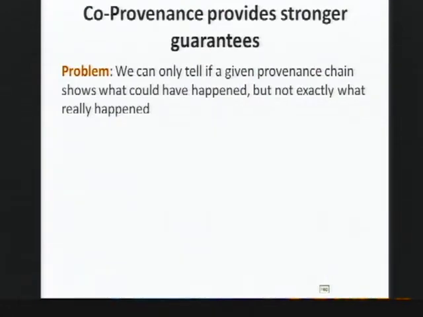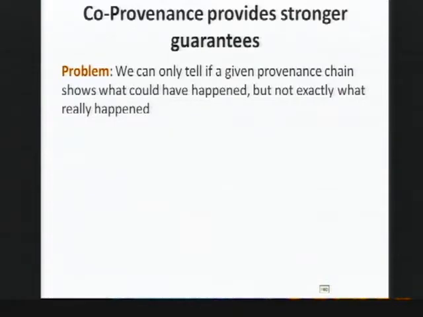So let's go back to the place where I defined plausibility with all this branching. What we said there is that using our scheme, we can provide one type of guarantee. If I give you a document and a provenance chain, you can audit it and say, look, nothing has been changed in the provenance chain.